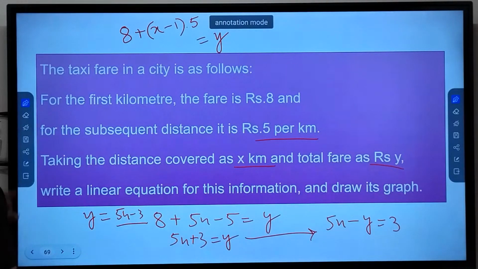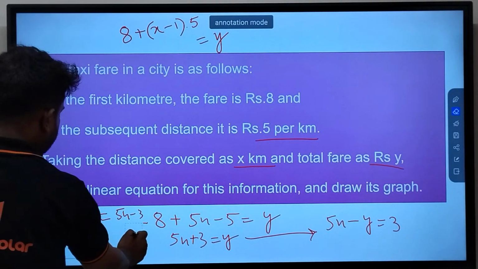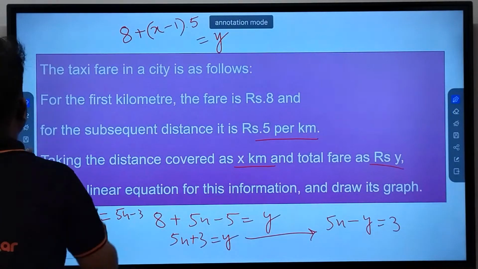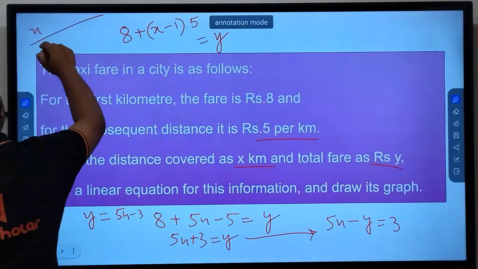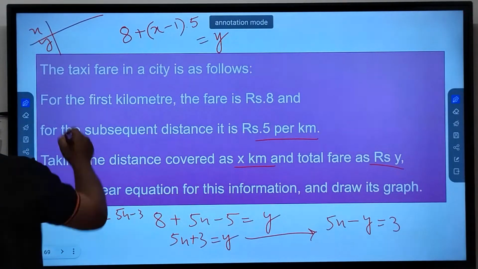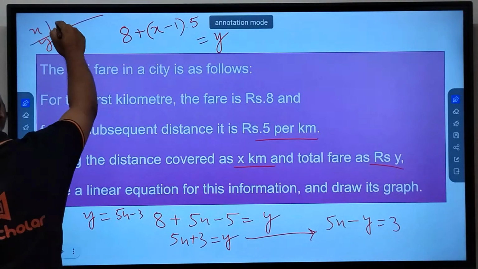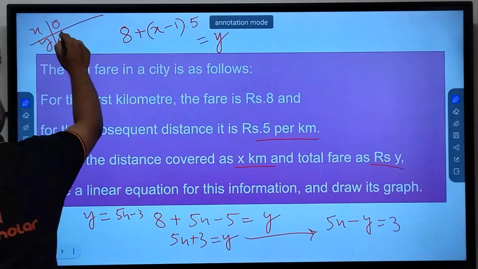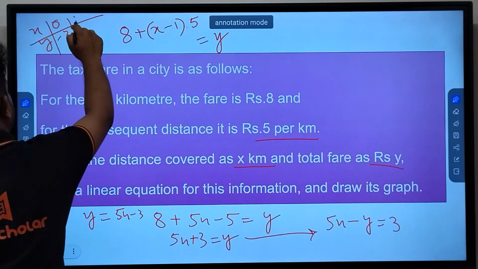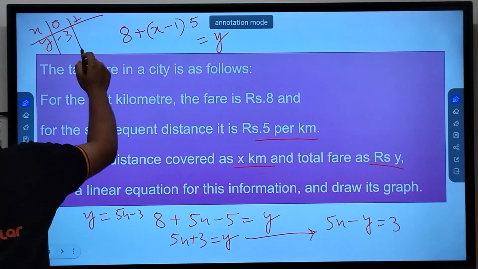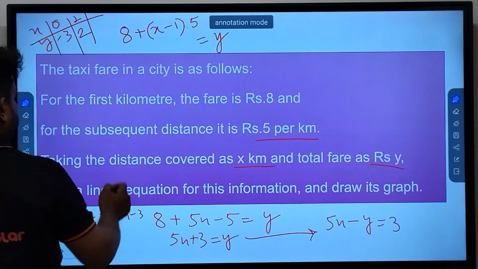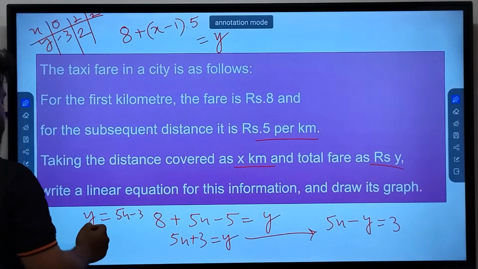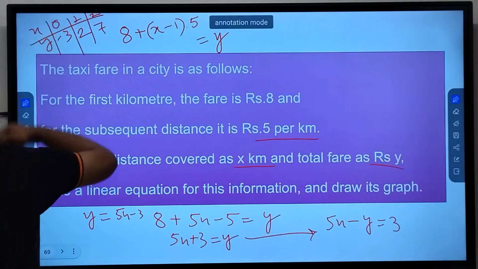Yes, y equals 5x minus 3. If you plot the points x and y: if you put 0 in x's place, it will be minus 3. If you put 1 in x's place, it will be 2. If you put 2 in x's place, it will be 7, right?